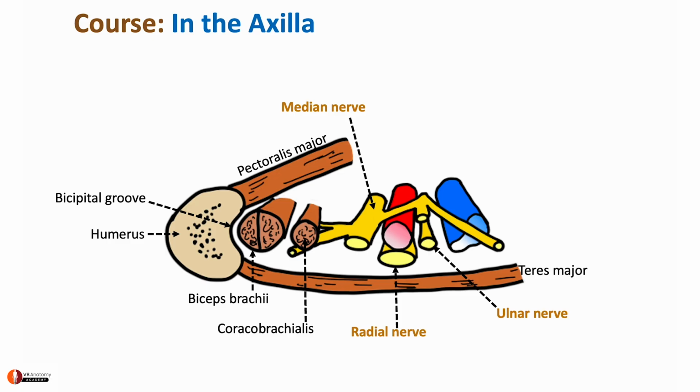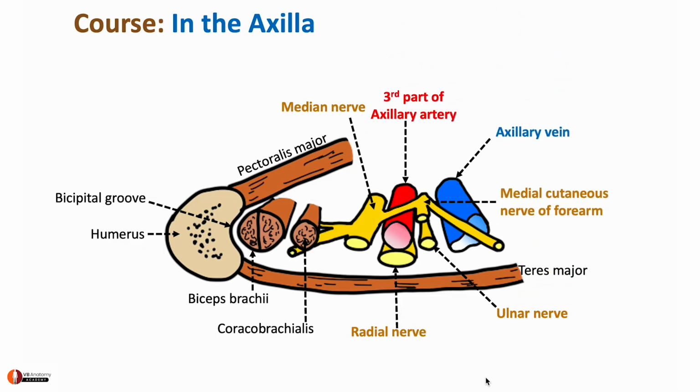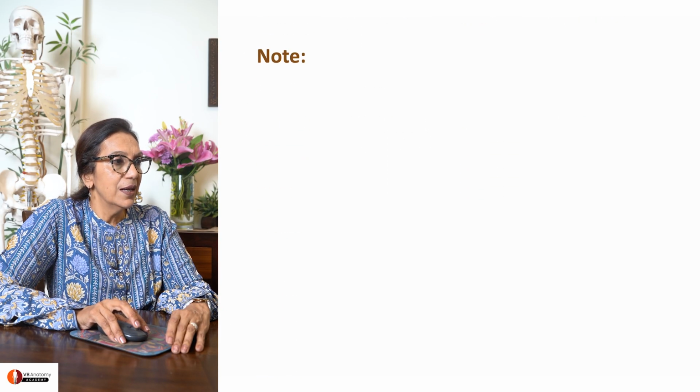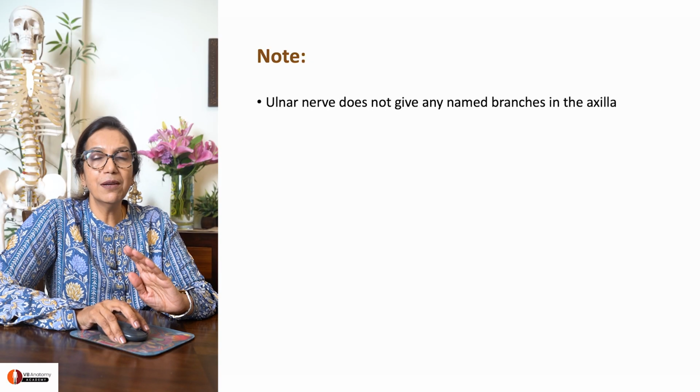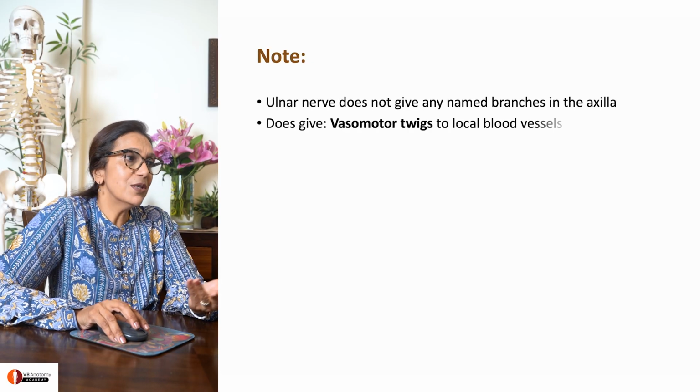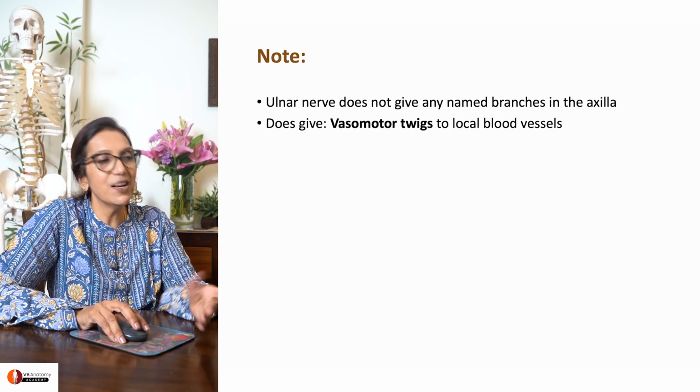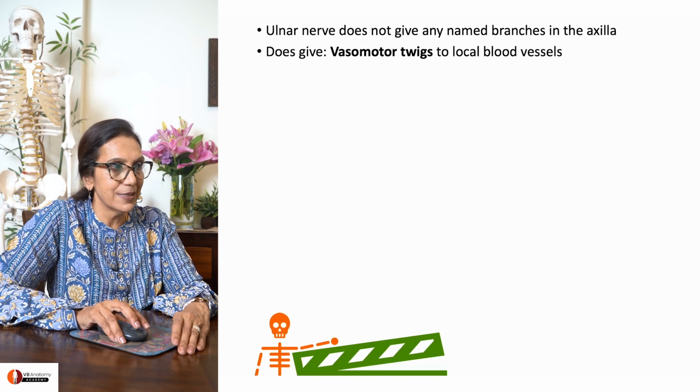And what you're seeing is the ulnar nerve, which is the branch of medial cord brachial plexus, lying between the axillary artery and the axillary vein, slightly more posteriorly placed compared to medial cutaneous nerve of forearm. Note that ulnar nerve does not give any branches in axilla. Of course, all these nerves give rise to vasomotor twigs to local blood vessels.